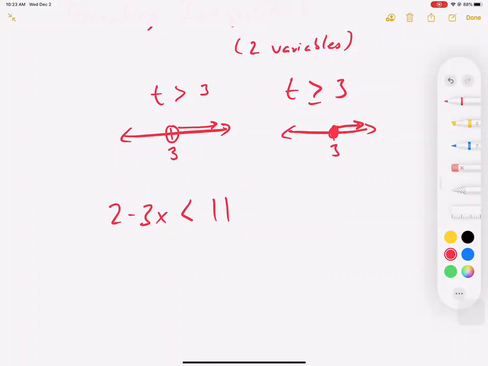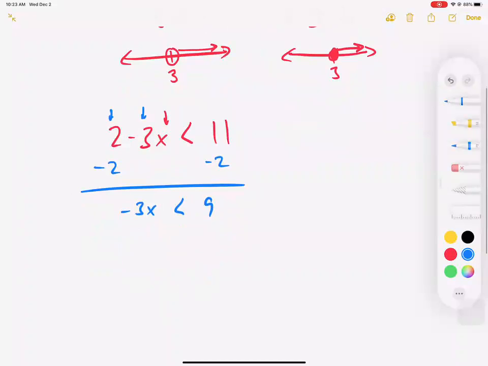Solve for x. We would have to get rid of 2 and 3. I will get rid of 2. The opposite operation of plus 2 is minus 2 to both sides. Negative 3x is less than 9, if you remember that. And then my next move is I would divide both sides by negative 3.